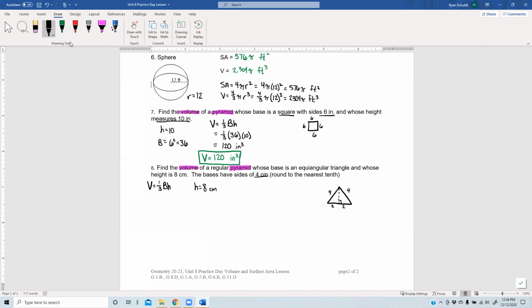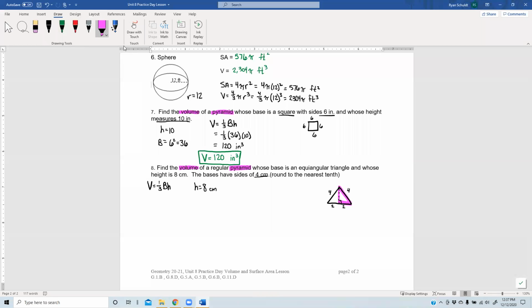So I'm going to focus only on this triangle right here.